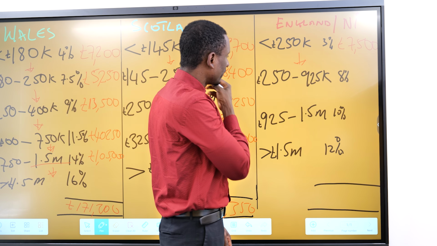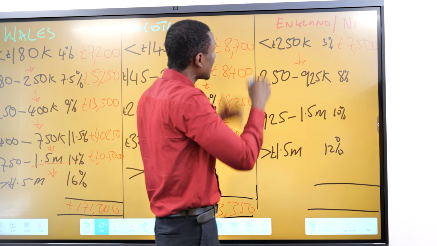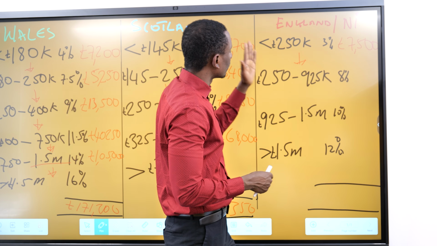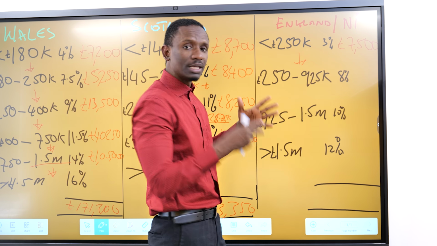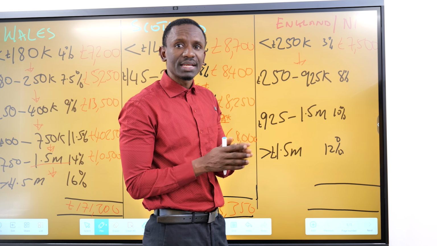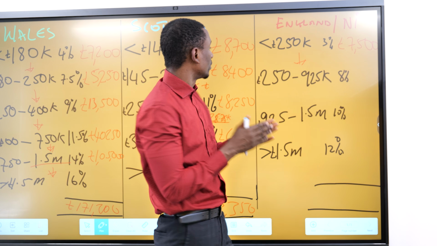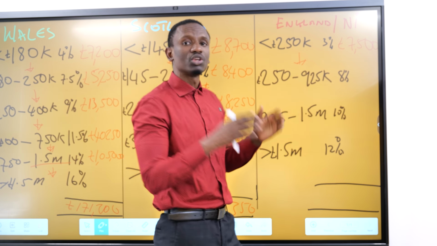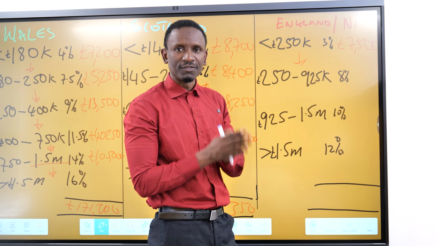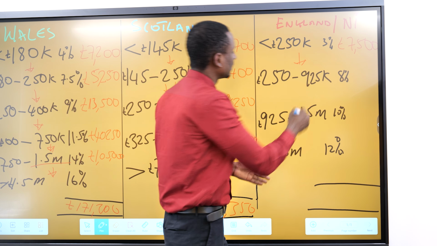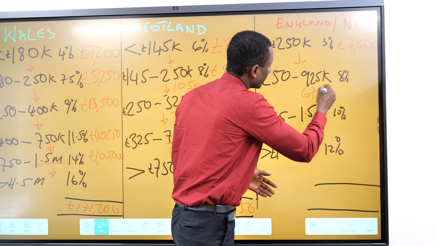So we're talking about the differences now, okay? Any amount more than £250,000, the investor buying that property would pay 8% of the difference between £250,000 and £925,000, which is £675,000.